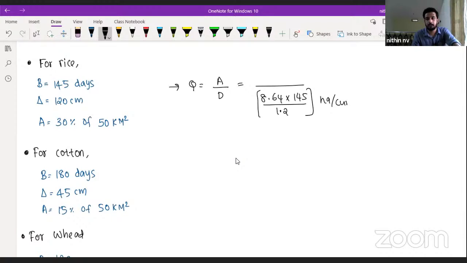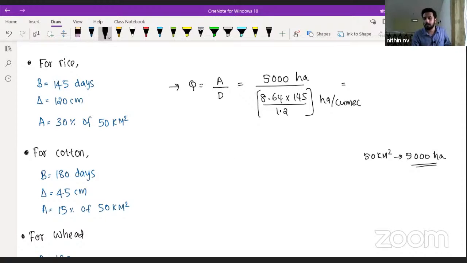Discharge is cubic per second. Area should be in hectares. They have given 50 kilometers square. How to convert? 1 kilometer square is equal to 100 hectare. So 50 into 100 hectare. Understood? So we have to convert that area into hectares. Then only hectare will get cancelled and we'll be getting cubic.